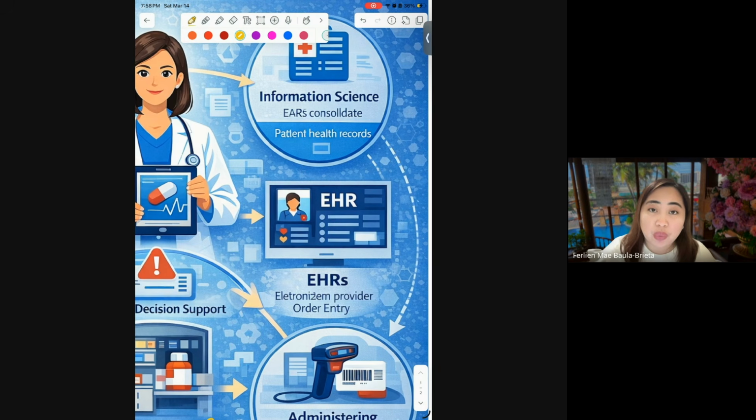And as I mentioned a while ago, it will be best for the patient that we can have a unified digital platform from the CPOE and also with the EHRs, so that seamless care would be felt by the patient.